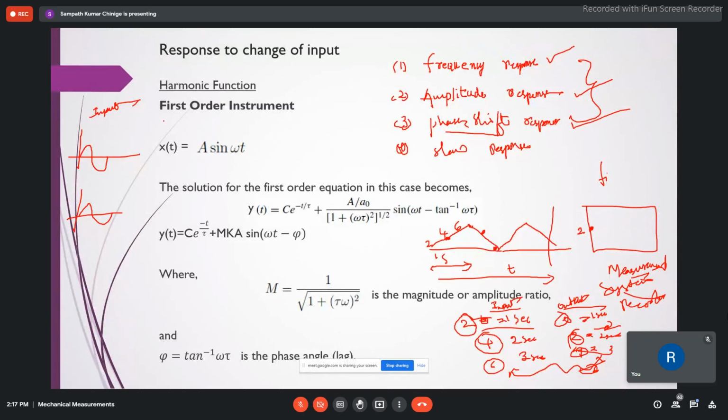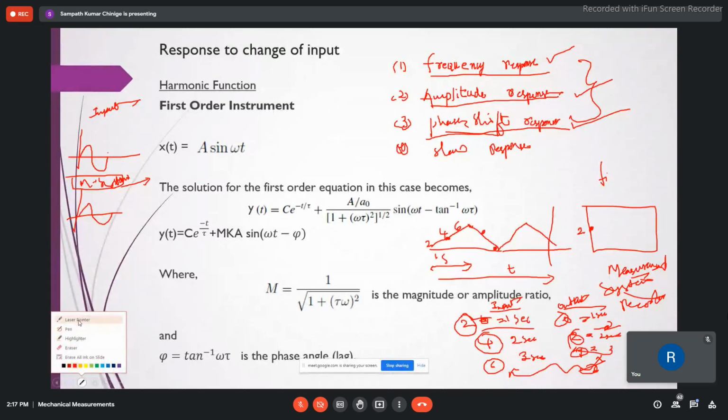I'm just talking about whether the input is faithfully reproduced by the measurement system. We can certify that this measuring system is able to reproduce a dynamic input by looking at these three things: frequency response, amplitude response, and phase shift response. Am I clear? This is what we will be trying to do.